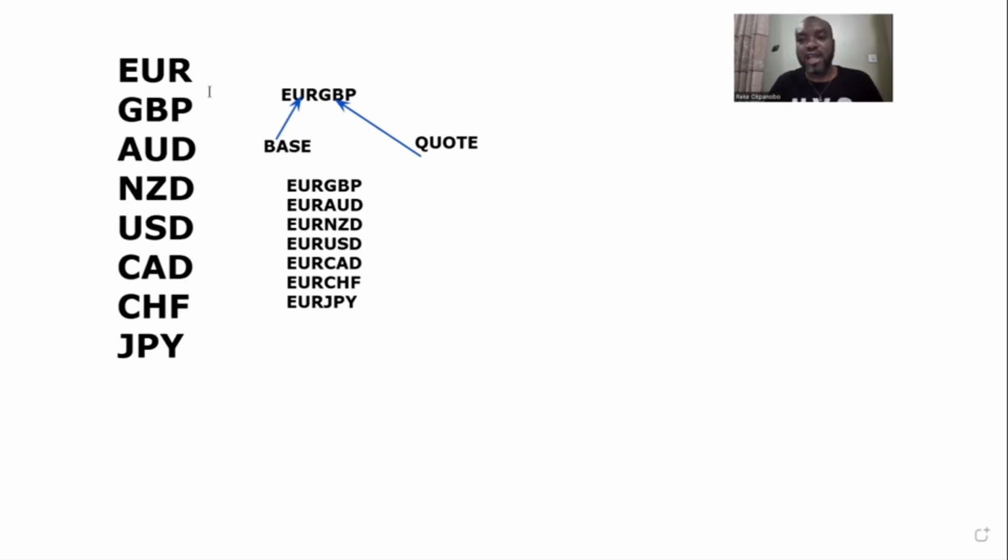Now, one thing you should know is that this hierarchical order does not have anything to do with the worth or the value of the currency. It's just for nomenclature purposes, okay? So let's go to the next one, which is GBP. First of all, you have the euro GBP.